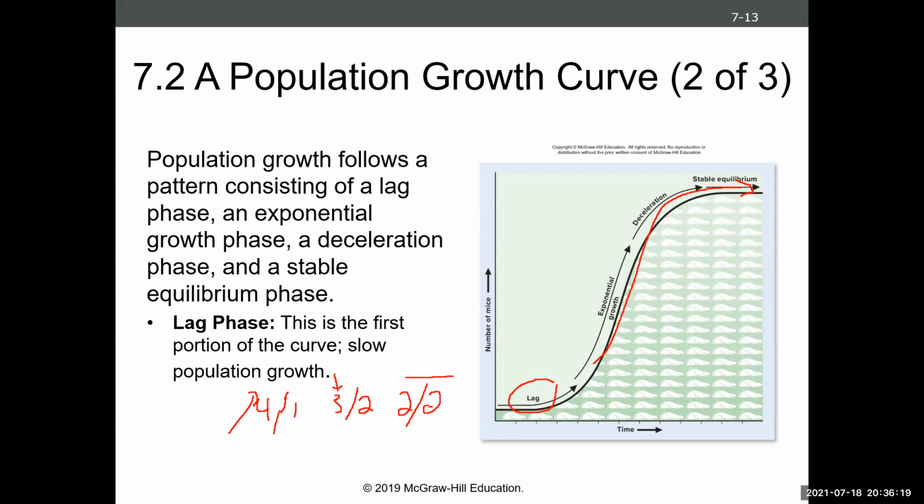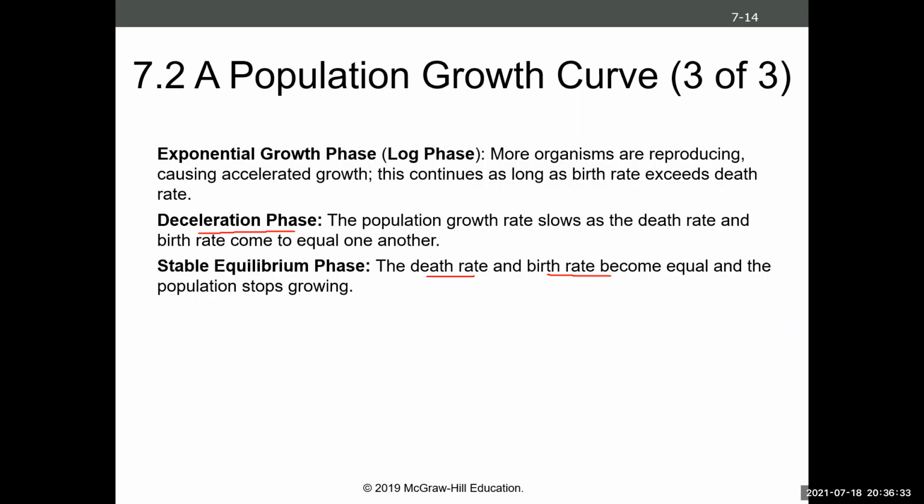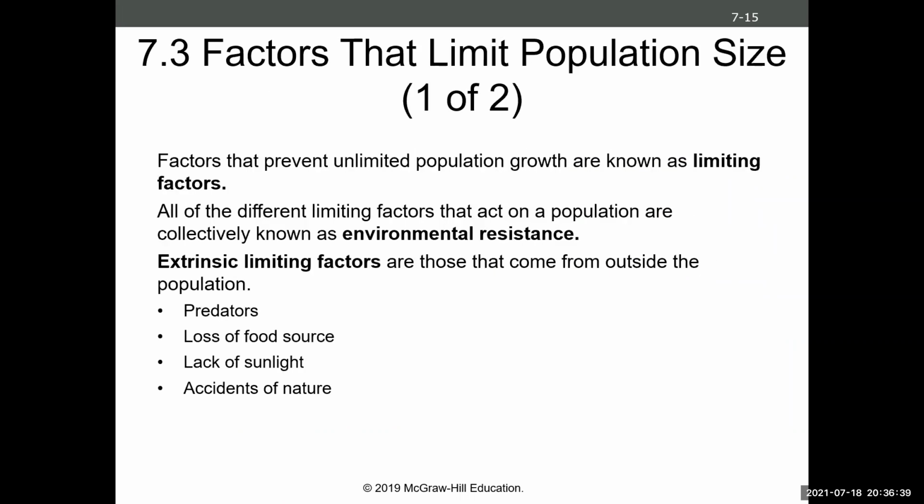And then they'll grow exponentially. But then as more and more individuals are added to the population, resources become less and less abundant per individual. So deceleration happens until you reach carrying capacity, which is basically determining how many resources are available for that population.